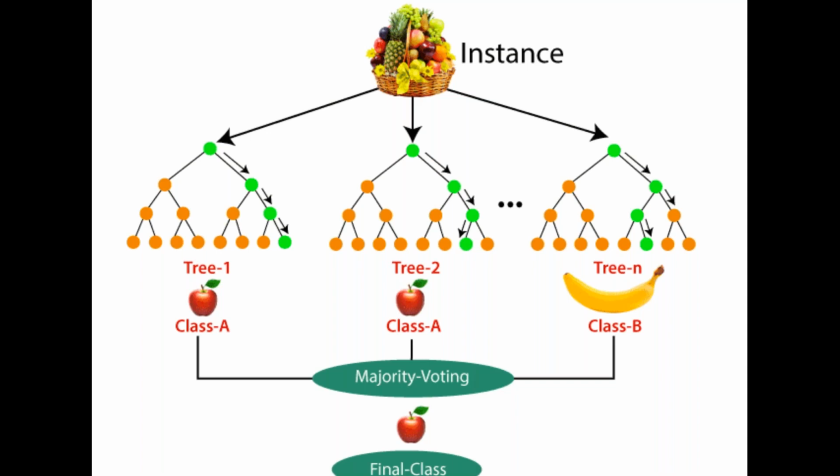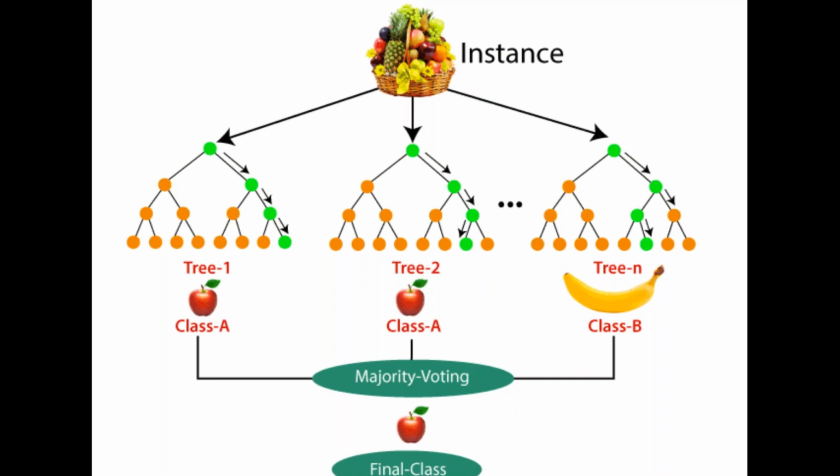Now, in this example, all the characteristics present in tree 1, tree 2, and tree n, by the subsets, are going to check the details of the fruit that is being picked.